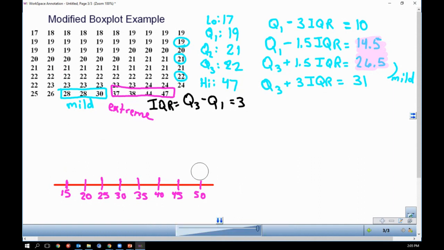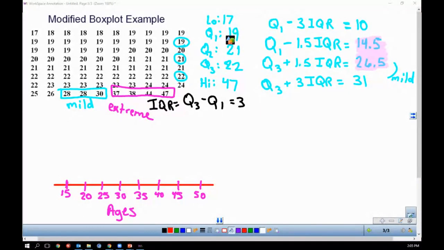And it looks like we're dealing with what? What do these numbers represent? Are they percents? Are they heights? Are they weights? What are they? Ages. They're ages. We're going to write that down here. Okay, so now we need to draw our box.